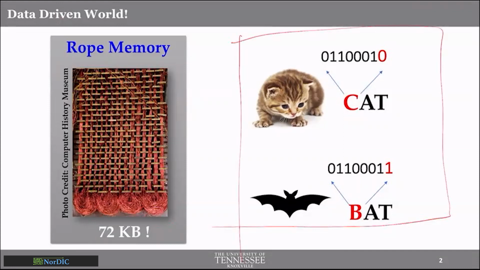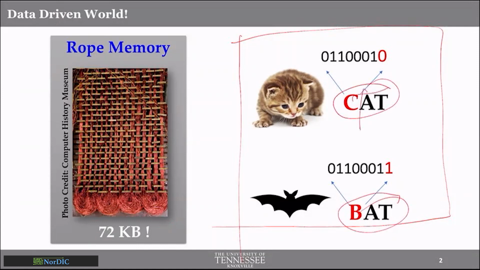Now, the figure on the right is intended for a very simple purpose, to show you how important even a single bit of data is. By the way, we are living in the digital electronics era. Information is digitized. That means everything that you can think of will be represented in terms of streams of binary digits, zeros and ones. Even the letters. For example, let's take these two words, cat and bat.